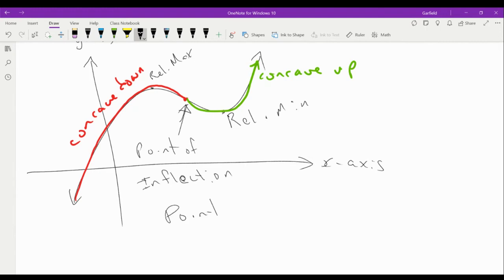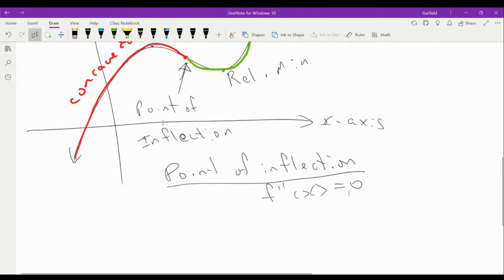So this point of inflection is where f double prime of x is equal to 0. So it's where the second derivative is equal to 0, or where the second derivative does not exist. So it's kind of like the critical number, but it is for the second derivative.